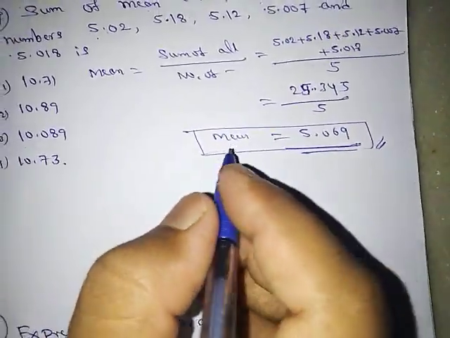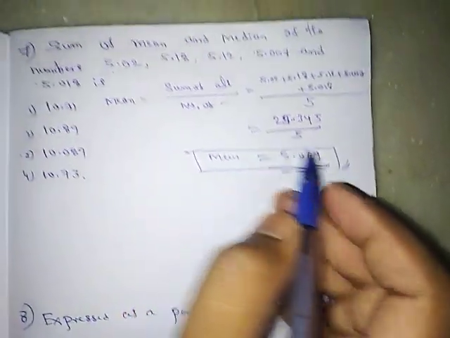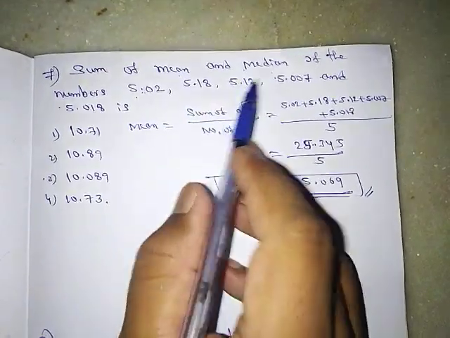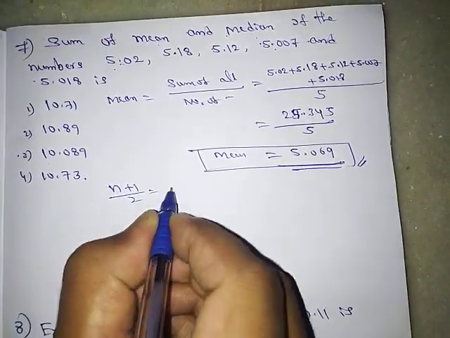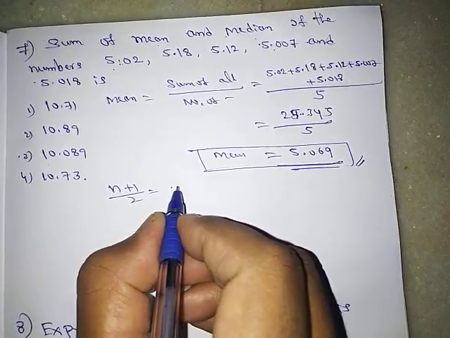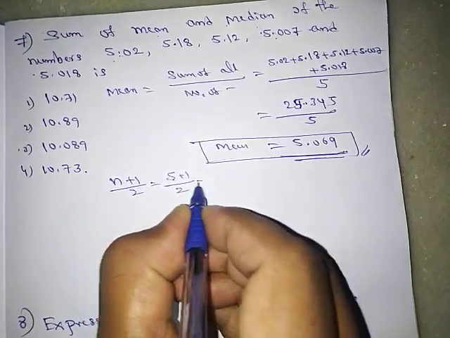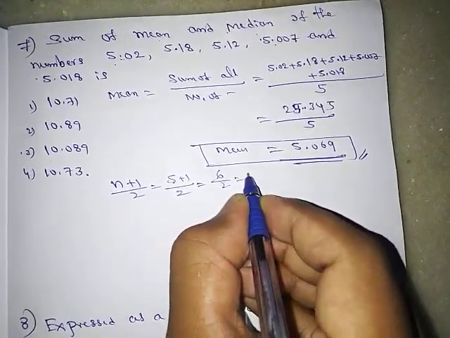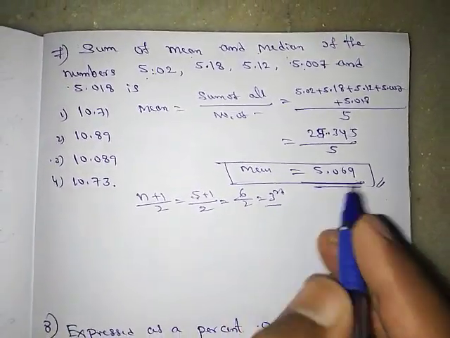So what is the median formula? You know the median formula: they have given 5 numbers, 1 2 3 4 5. So for odd n, n plus 1 by 2 is the mid term. First you have to write in ascending order, and n is 5, plus 1 by 2, that is 6 by 2, which means the third term is the median.